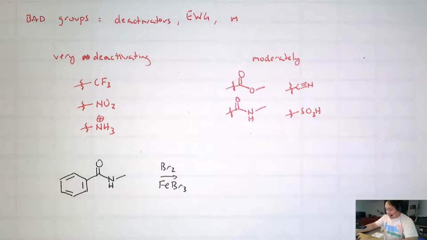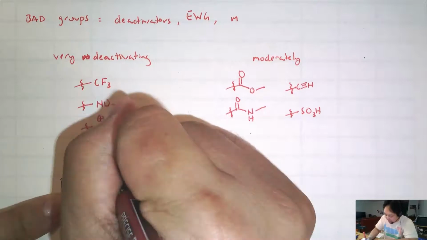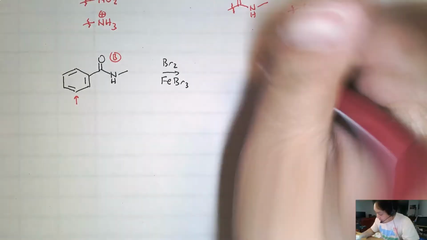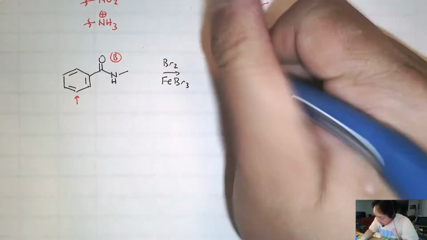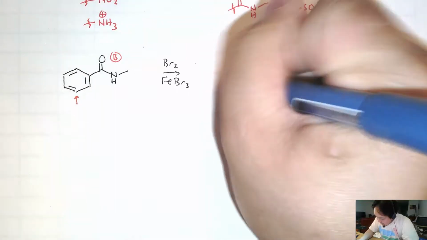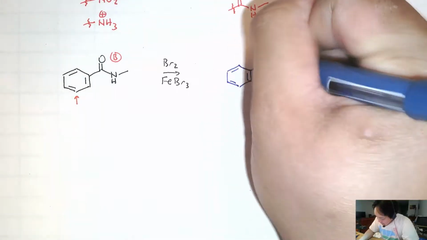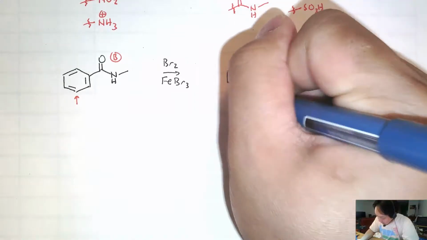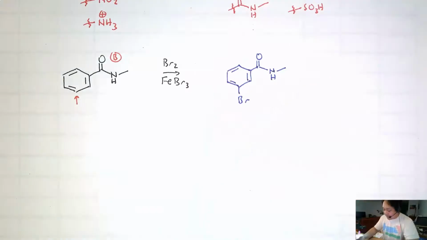That position is right there. And again, I'll label this B for bad. And I'm going to put the incoming electrophile at that position, meta. There's only one product in this case. And it's brominating at the meta position, M.